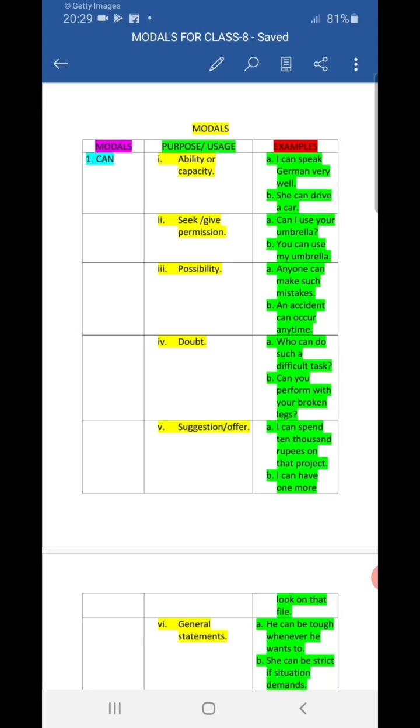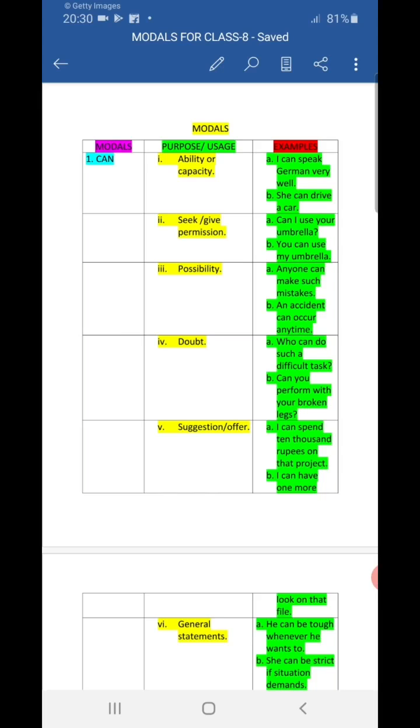Number 4, doubt. Example number A. Who can do such a difficult task? So, who can do such a difficult task? So, it's a doubt.